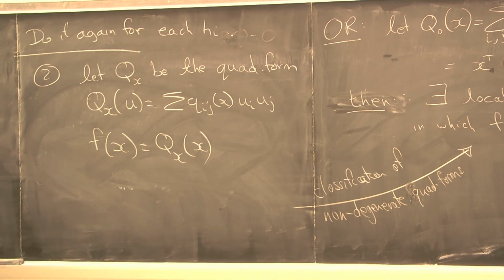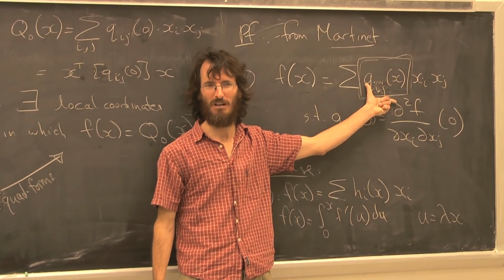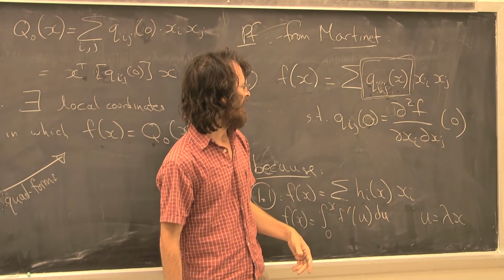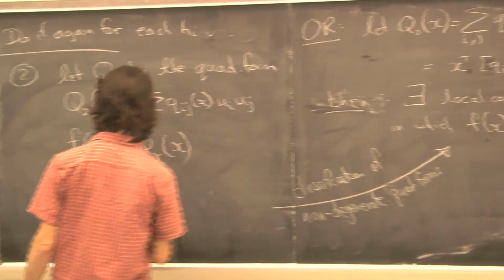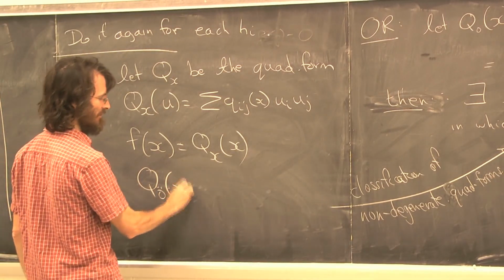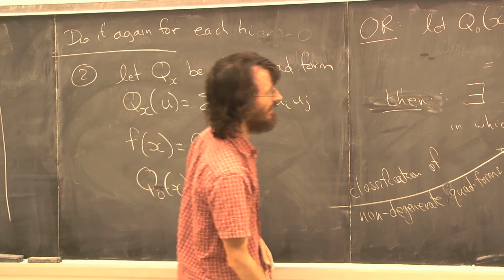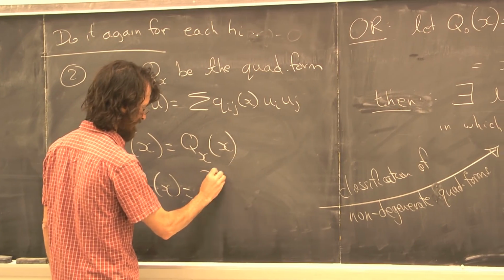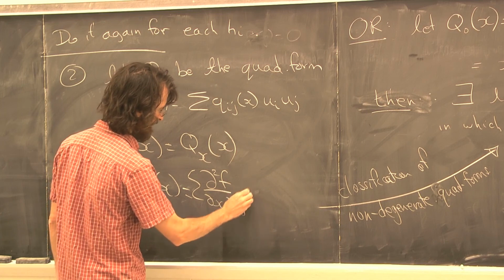Formally, the q sub ij's of x are packaged together as a quadratic form at each point. I know that the quadratic form q sub 0 of x is precisely the sum of the second partials of f with respect to x_i x_j times x_i x_j.